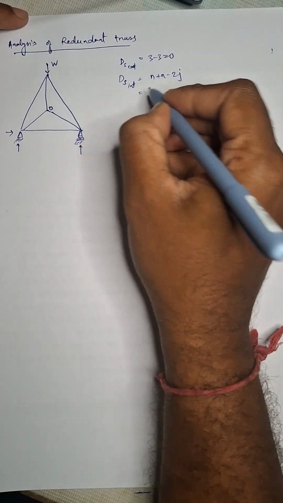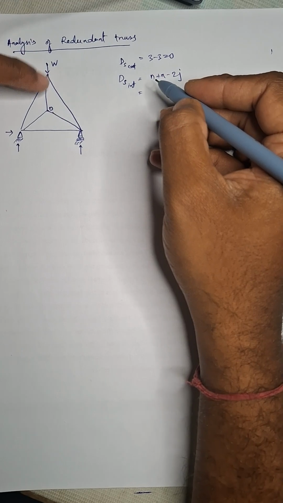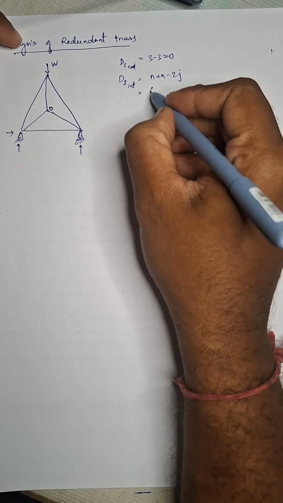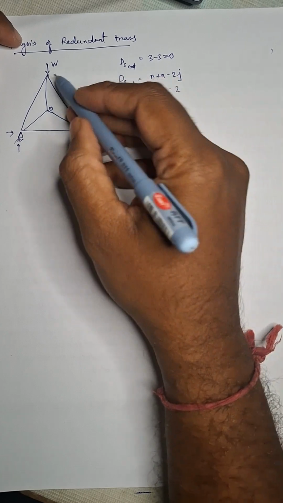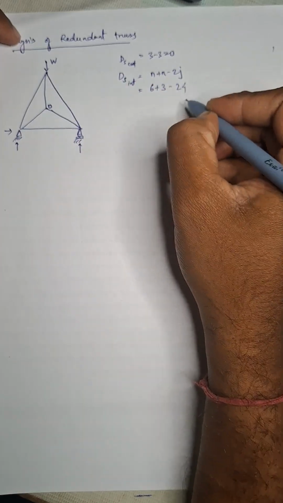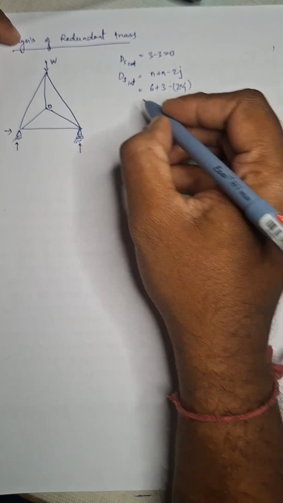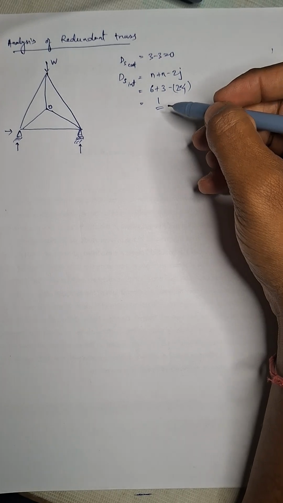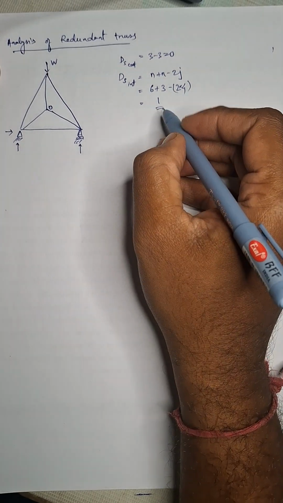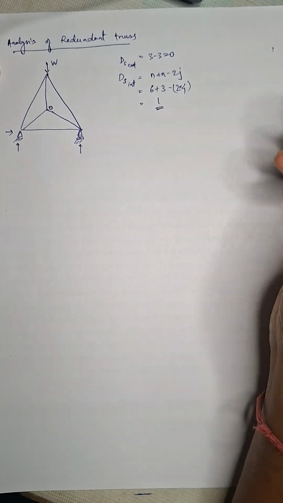So m plus r minus 2j: the number of members 1 2 3 4 5 6, number of reactions is 3, minus 2 into number of joints 1 2 3 4, 2 into 4, so 9 minus 8 equals 1.